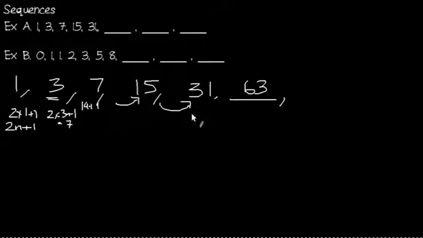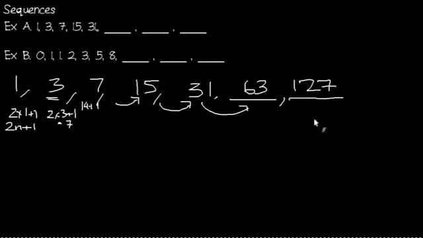2 times 31 is 62 plus 1, 63. 2 times 63 is 126 plus 1, 127. 2 times 127 is 254 plus 1 is 255.